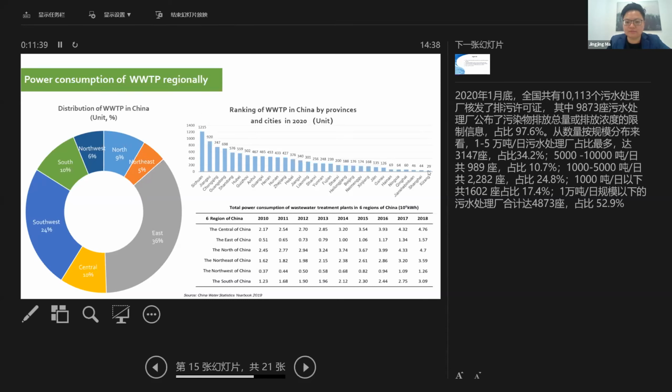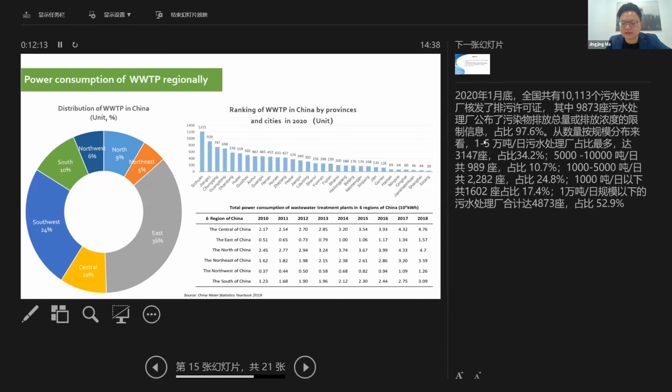But mostly in China, in the big cities, 10,000 wastewater treatment plants got the water discharge permit, and 97% of these 10,000 have to release their pollutant amount and also the emission concentration of their discharge.